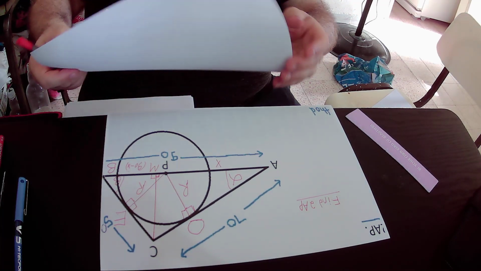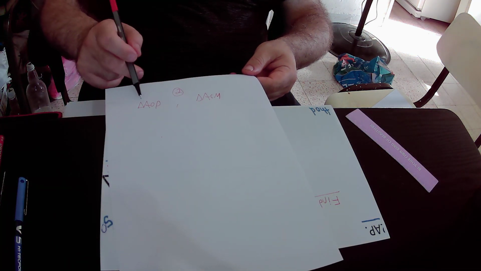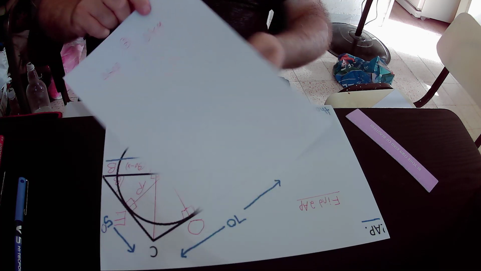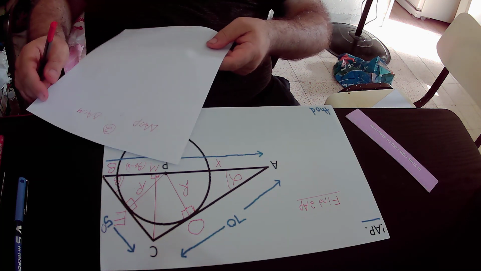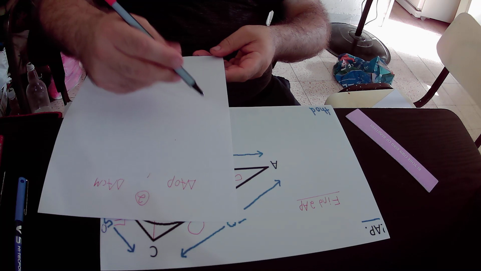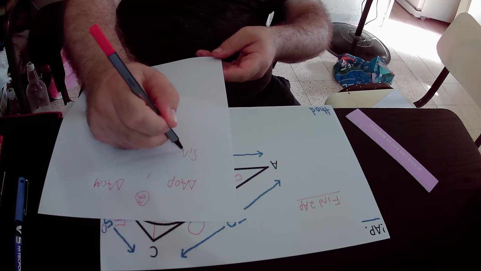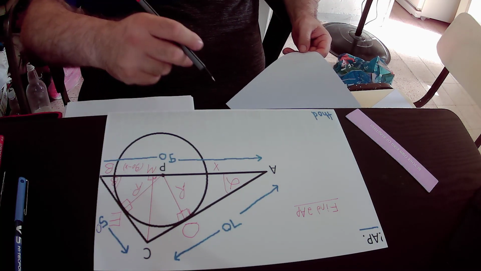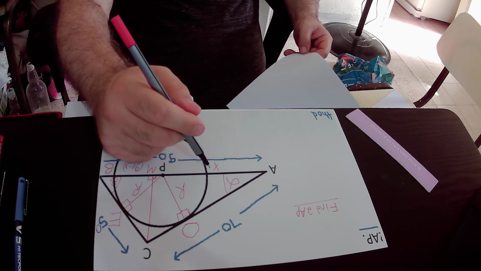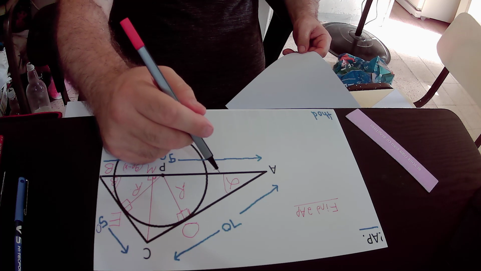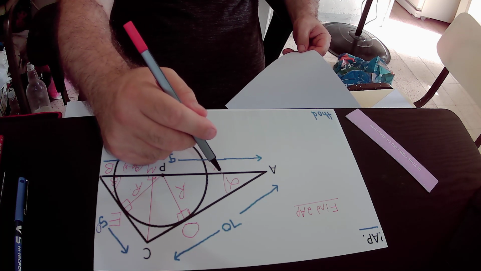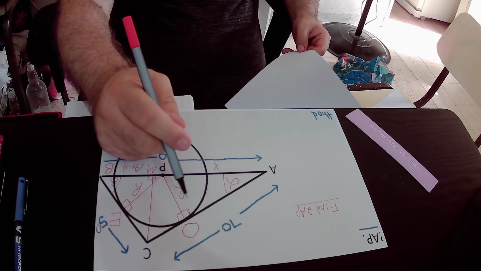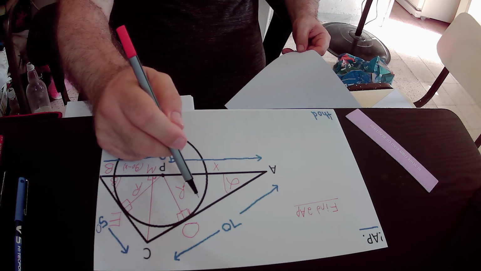So sine alpha, in a right triangle, is defined as the ratio between the side that is in front of angle alpha divided by the hypotenuse of the triangle.